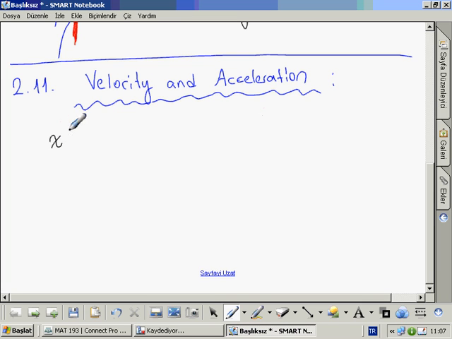The x denotes position, and x equals x of t, it means with respect to time.